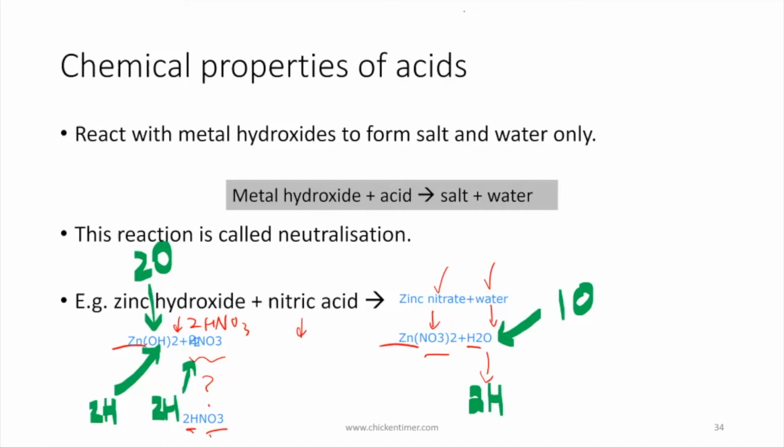So 4H here, because we got 4H on the left side. So what should you do to the right hand side? Put a 2 in front of it. Yeah, that's right.